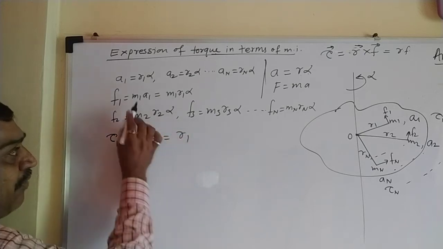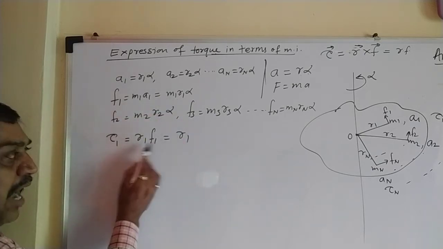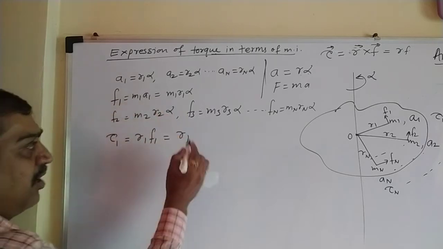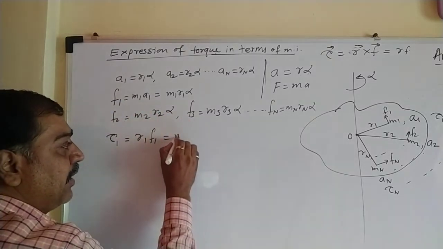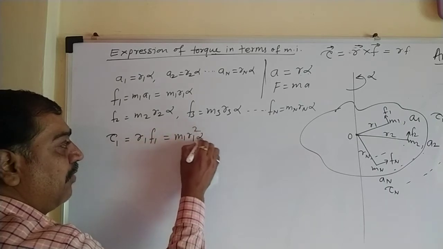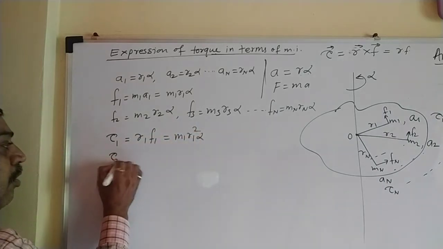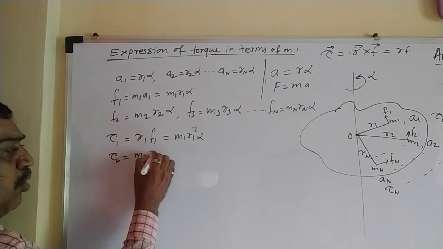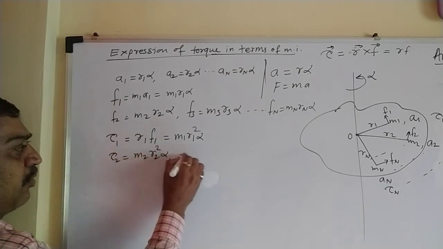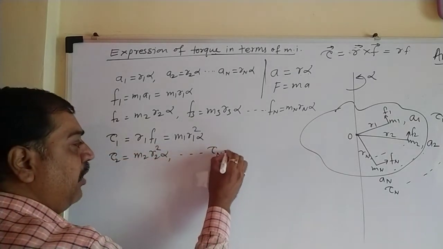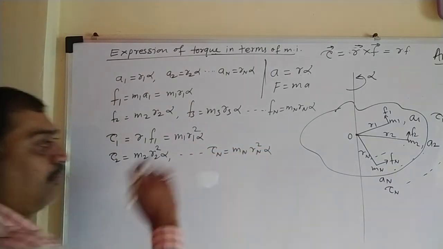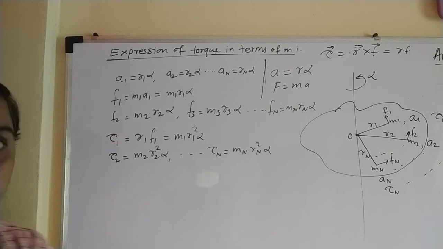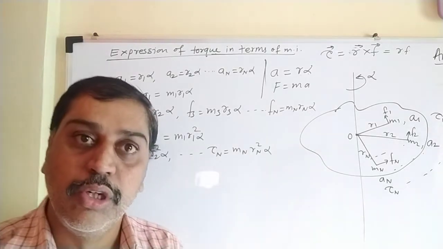Put the value of F1 here: R1 into M1 R1 alpha, so you can write M1 R1 square alpha. Similarly, tau2 is M2 R2 square alpha, and so on up to tau n equal to Mn Rn square alpha. So we have found all the torques, tau1, tau2, tau3, up to tau n.